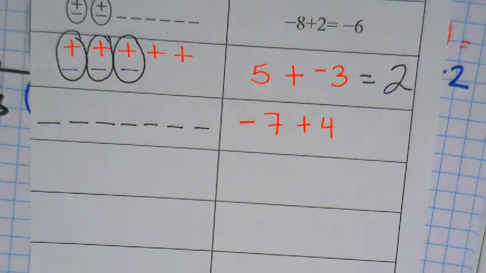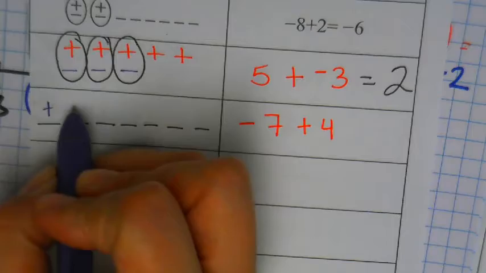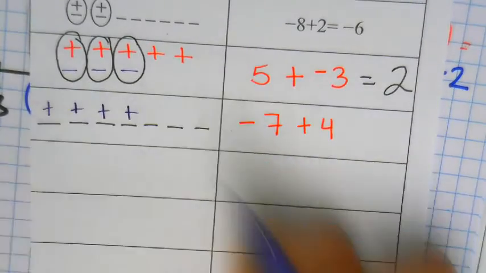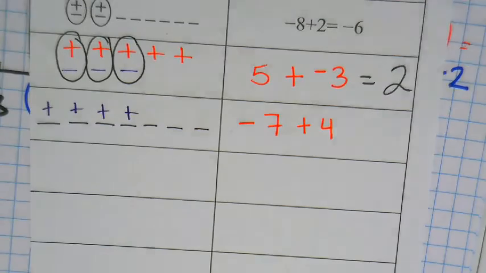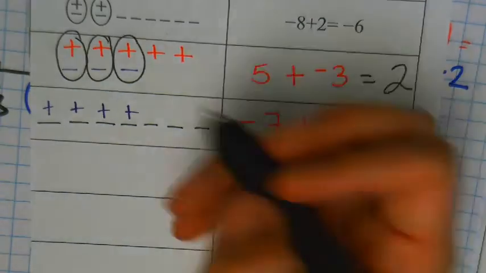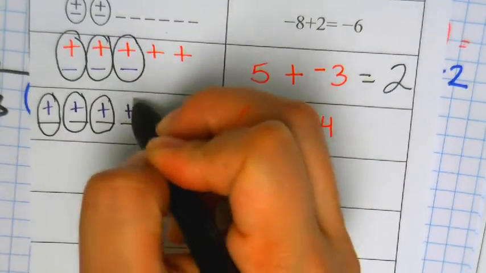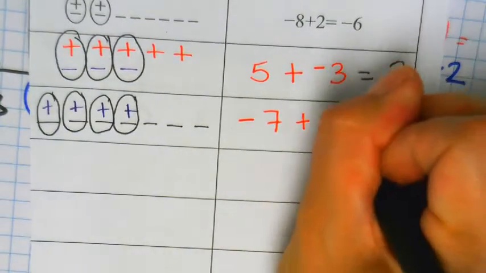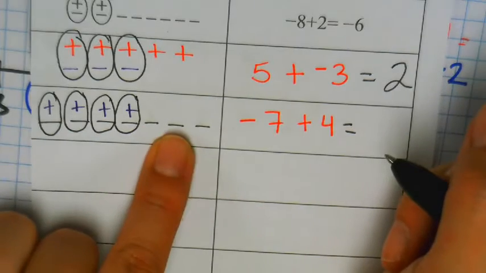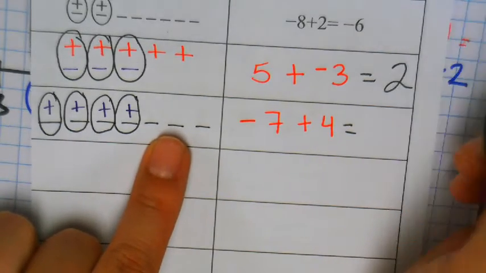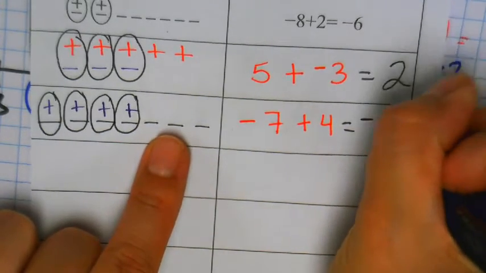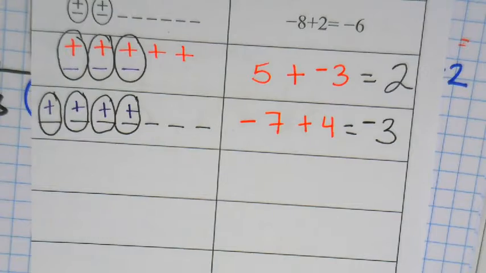What am I going to draw? 4 positives. 1, 2, 3, 4. Circle when you have a pair. What didn't you circle? 3 tiles that are negative. So your answer is -3.